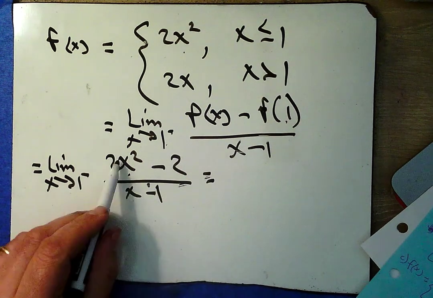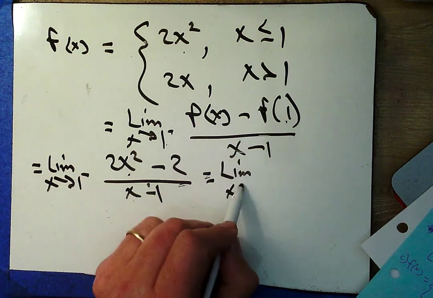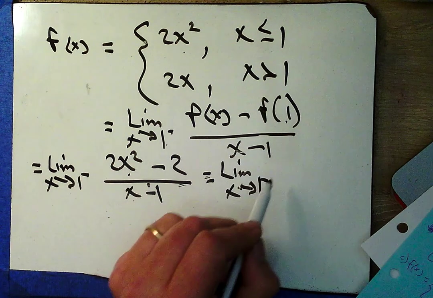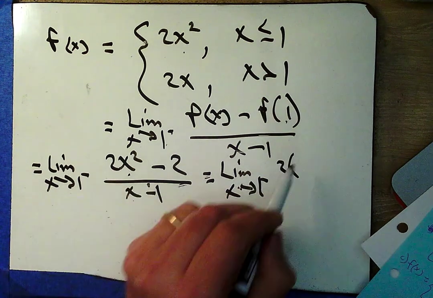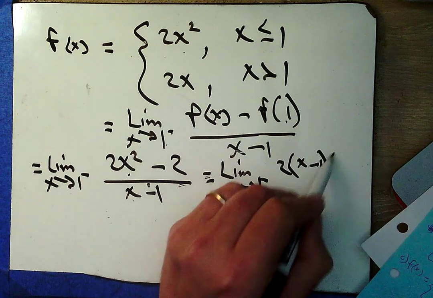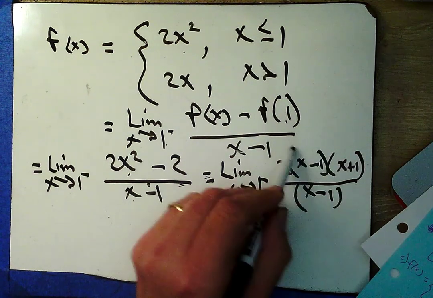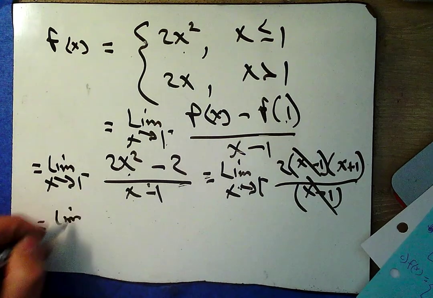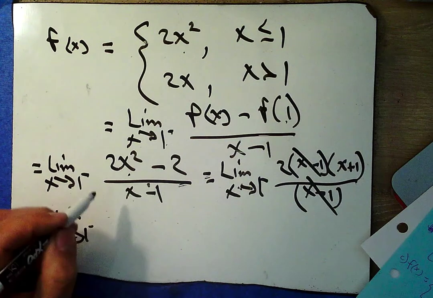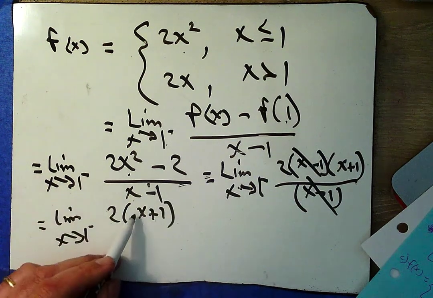If I try plugging in the 1 now, I get 0 over 0. So I know by now that I should do some algebraic manipulation here. I take out the 2 and I see x squared minus 1, and so that's going to factor over x minus 1. And so now I've got the limit as x approaches 1 from the negative direction of 2 times x plus 1. And now I can do my direct substitution.